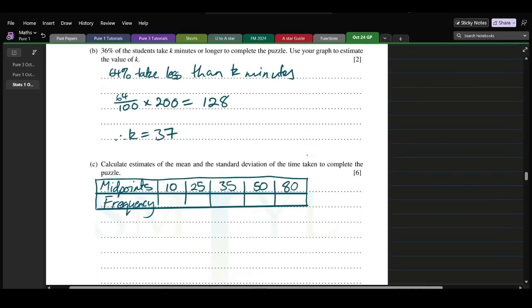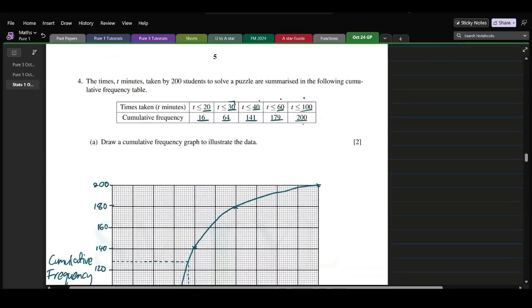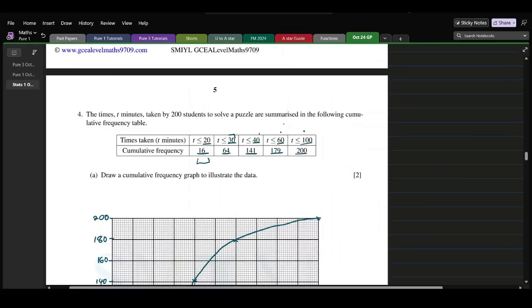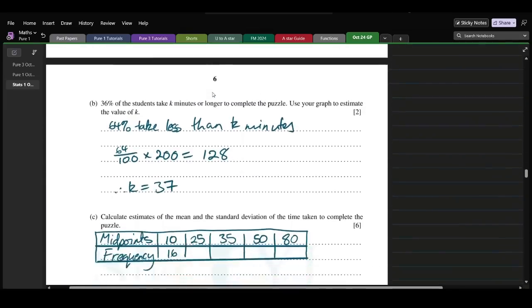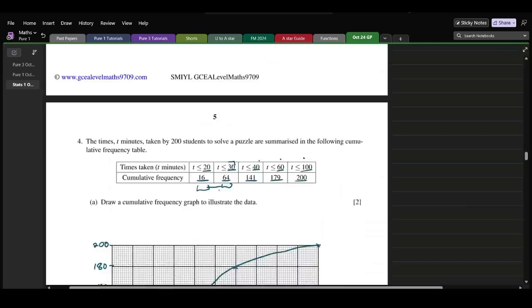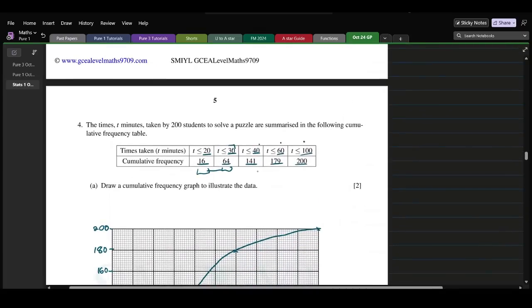And then now we need the frequencies. So the frequency for the first class will be 16. And then the frequency for the second class is 64 minus 16. If we punch that into the calculator, 64 minus 16, we get 48. And then the third class, its frequency would be 141 minus 64.